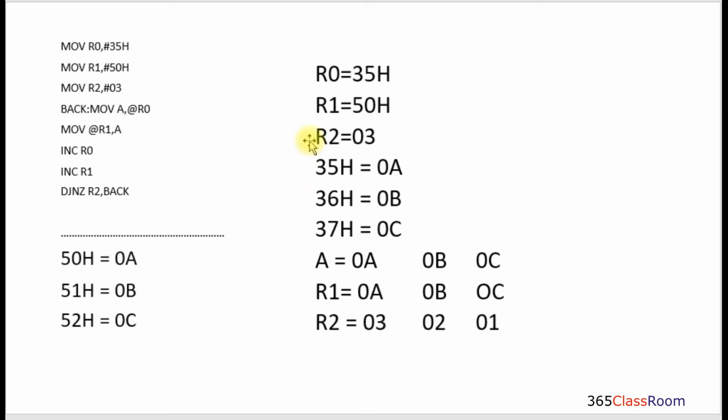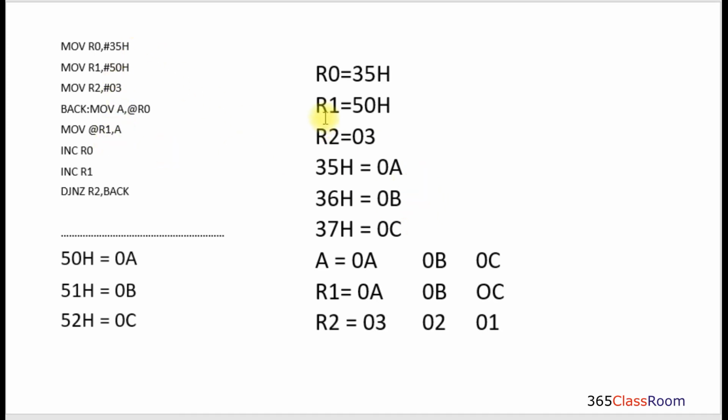Here you can see R0 is initialized as 35H, R1 as 50H, R2 as 03. Here 35H has the data 0A, 36H has the data 0B and 37H has the data 0C.